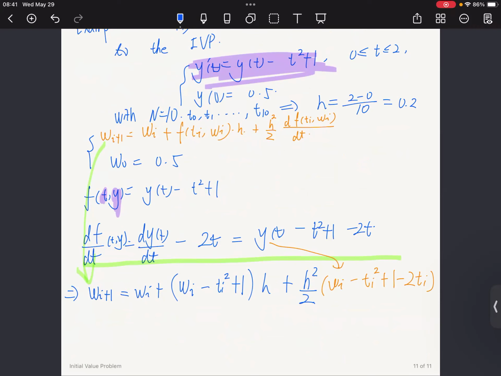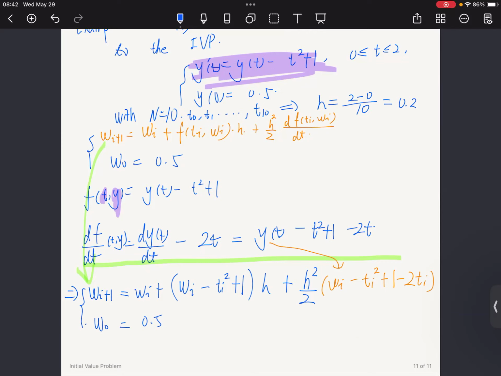This is the updating formula, with w0 equals 0.5. And this is everything for this example. For the concrete calculation, I will just leave you to read the textbook.